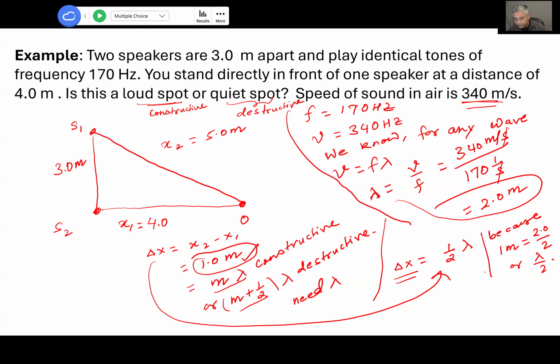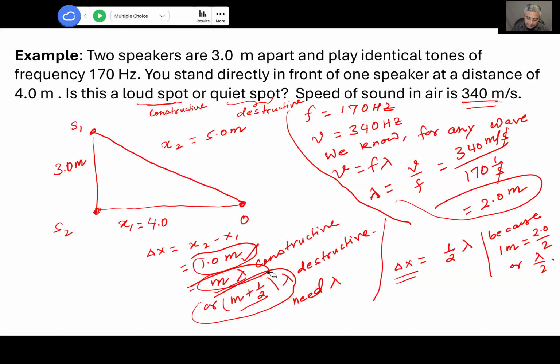So now, when we have this condition, is it satisfying this or this? Means constructive or destructive? Can we tell now? Right, so it is a situation when m is equal to 0, we get exactly half wavelength. That means half wavelength is destructive interference.